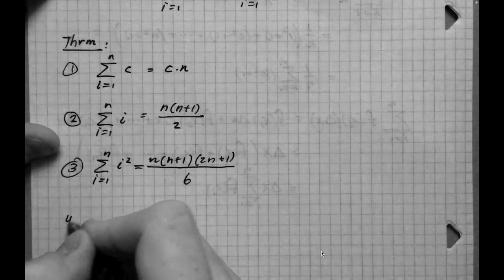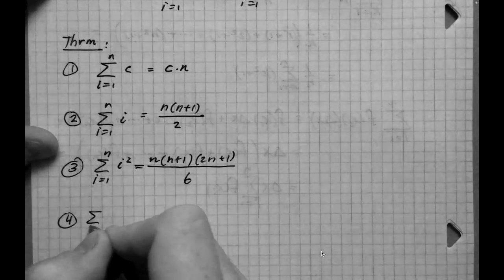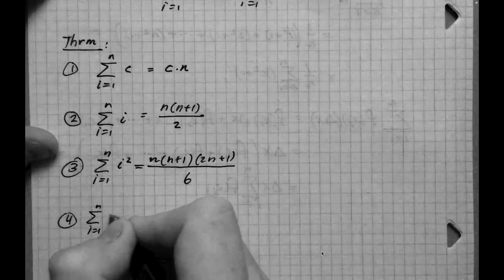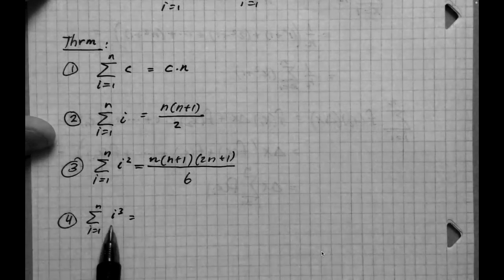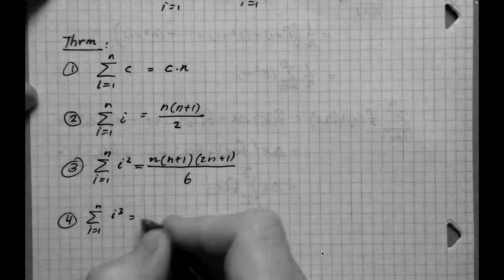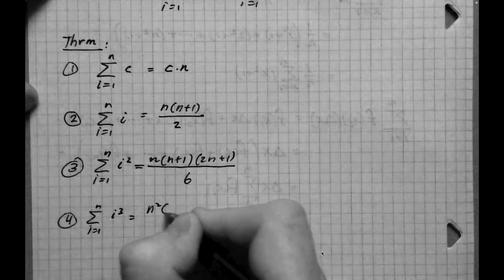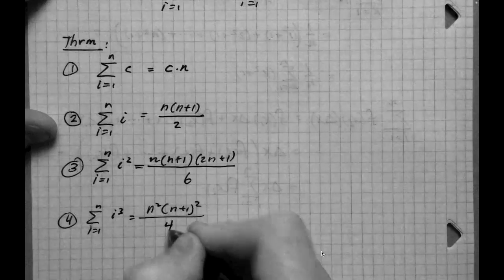And then the last one that we'll need is i cubed. There are many of these that you could go and reference. But if you are cubing a number and successively summing them, you would get n squared times n plus 1 squared over 4.